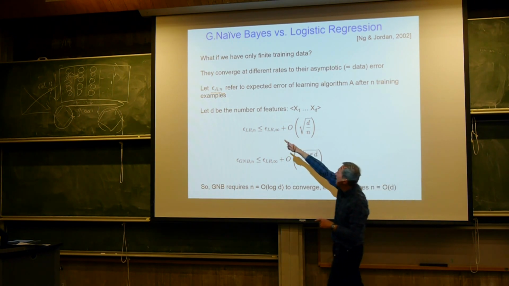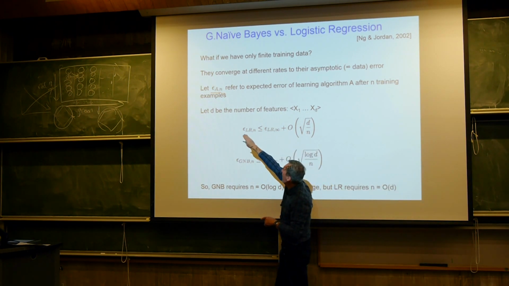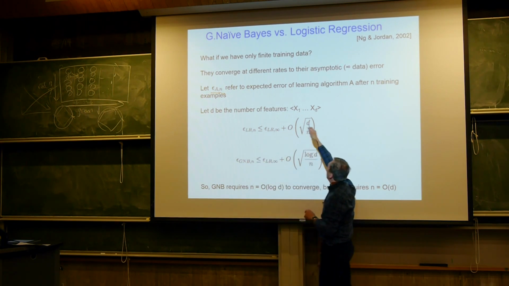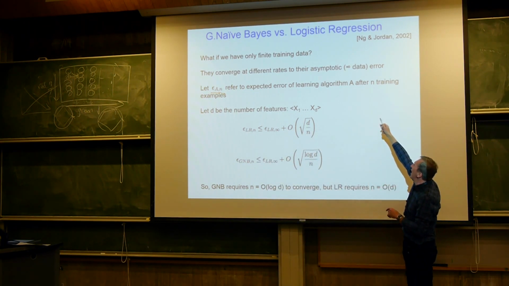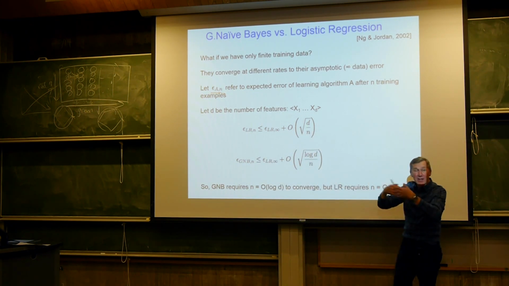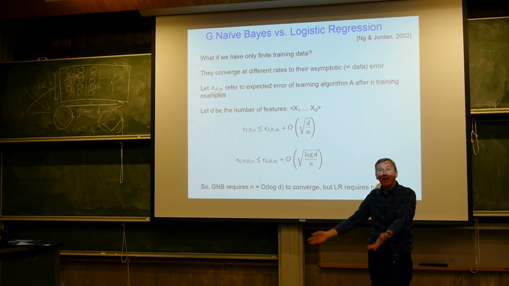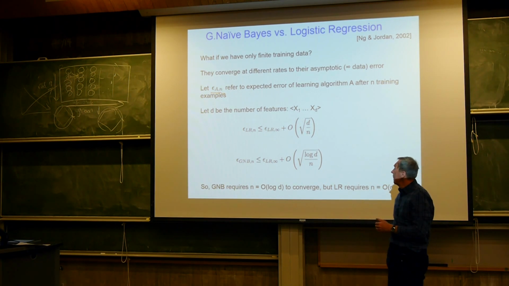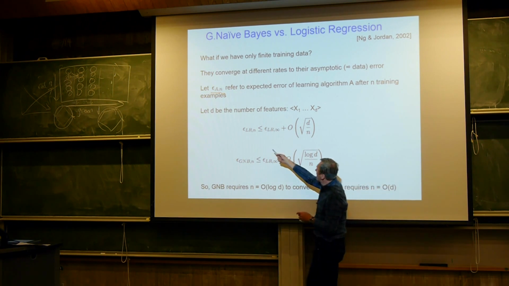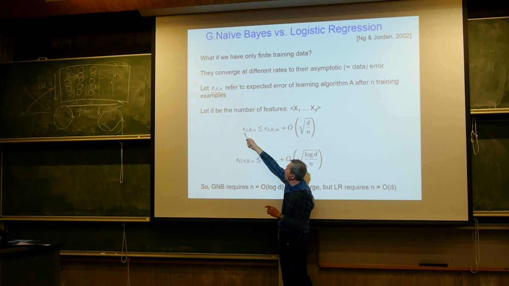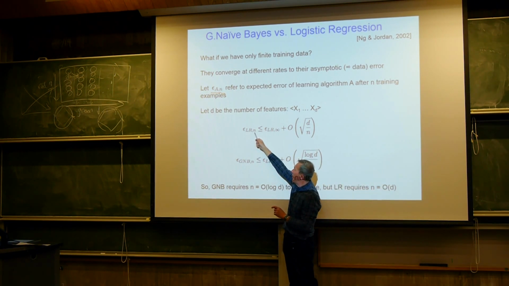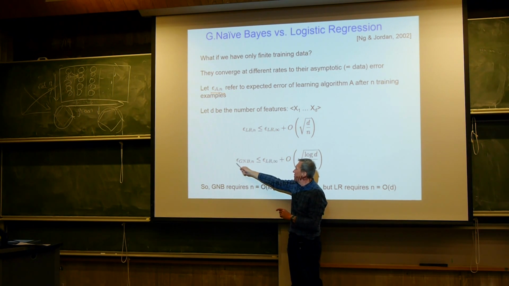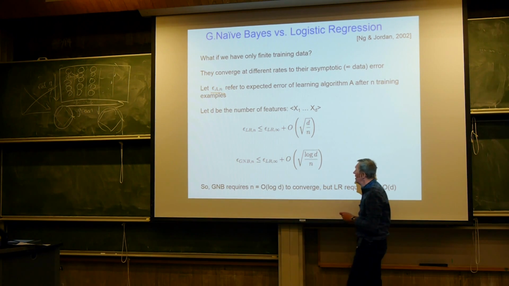If I define epsilon sub A, n to be the expected error of the learning algorithm A after I give it n randomly drawn training examples, then we can compare the expected error for logistic regression after n examples to the expected error for Gaussian naive Bayes after n examples.